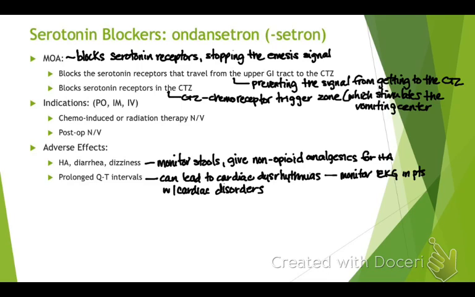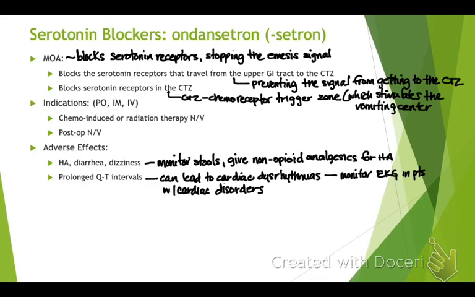Your other med in this class is going to be your serotonin blockers, your ondansetron. Anything with the ending -setron is going to be a serotonin blocker. Mechanism of action: it will block serotonin receptors, stopping the emesis signal.